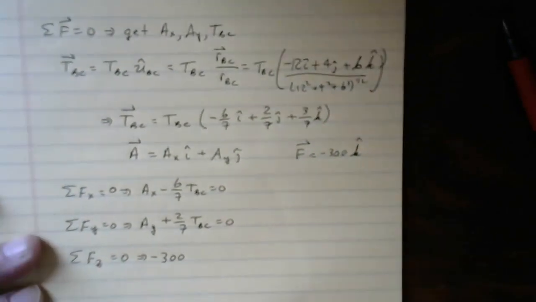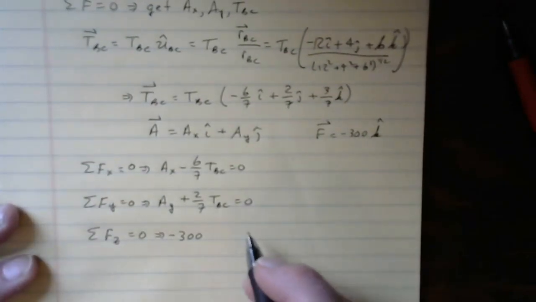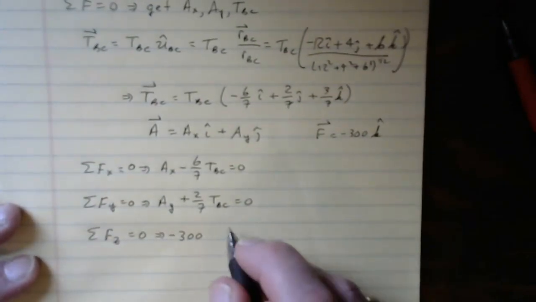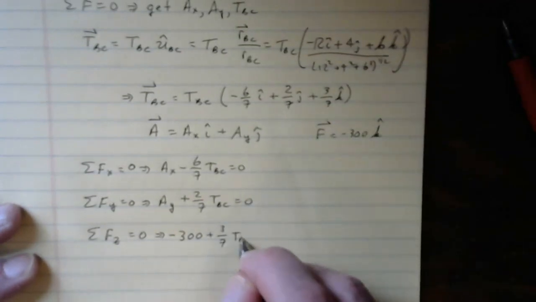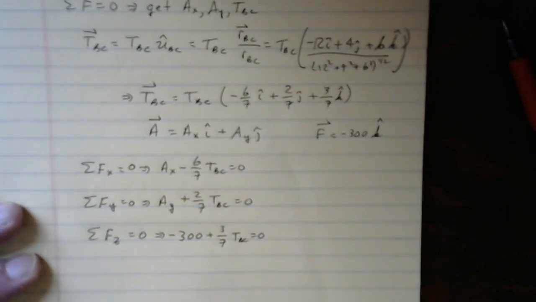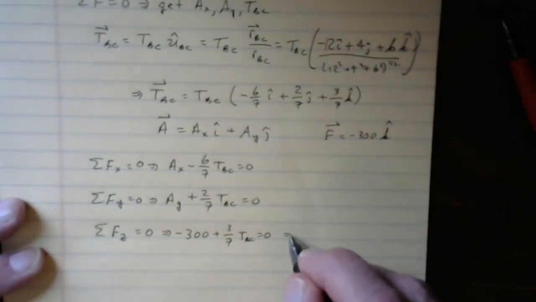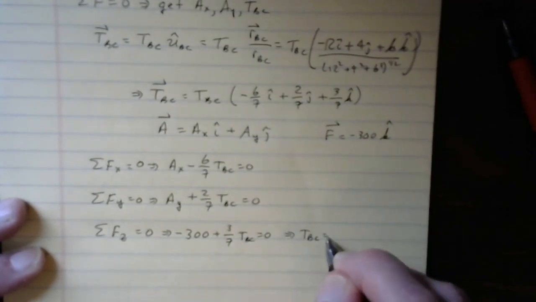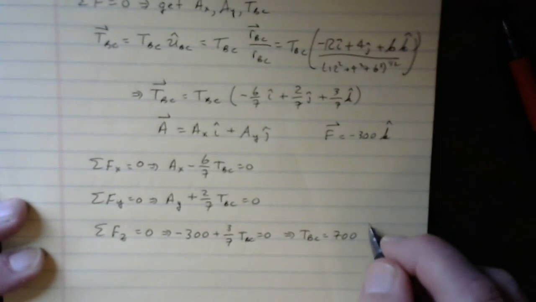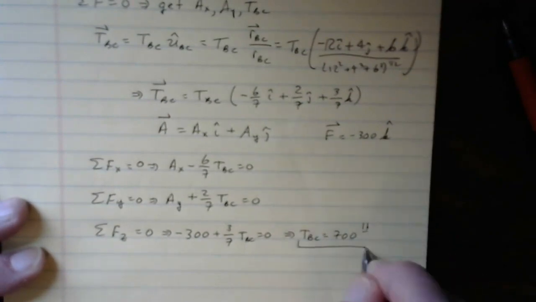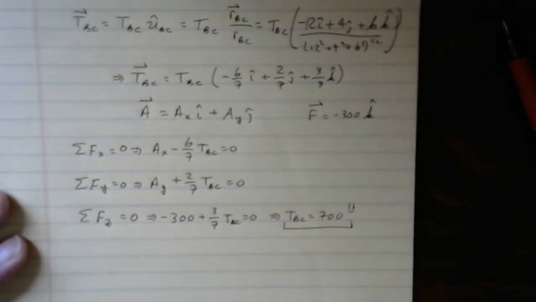So when I sum the components in the z direction, I have minus 300 plus 3/7 TBC is equal to 0. The z equation I can solve. TBC is equal to 700 pounds. And there's the magnitude of the cable tension.